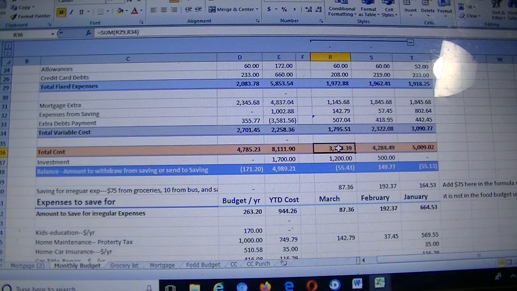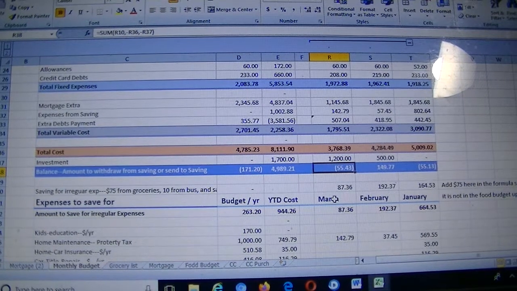Our total expenses are going to be 3700. 1200 will go to our investment, and we will take $55 from our saving account to pay for the irregular expenses. If we don't have enough saved from groceries and utilities to cover that fee, it will come out of the saving account. That's how our March expenses are going to be estimated.